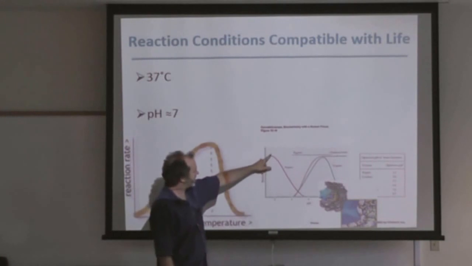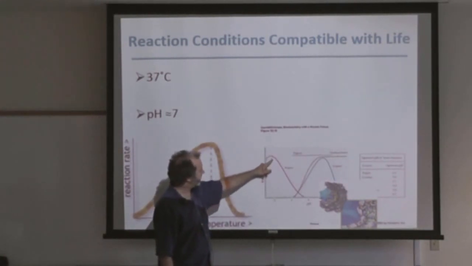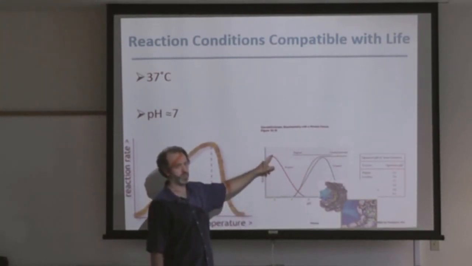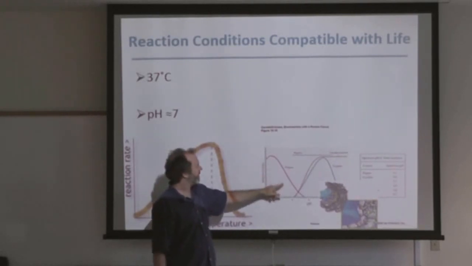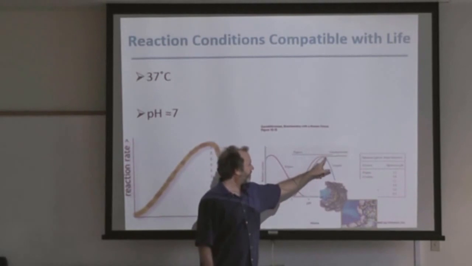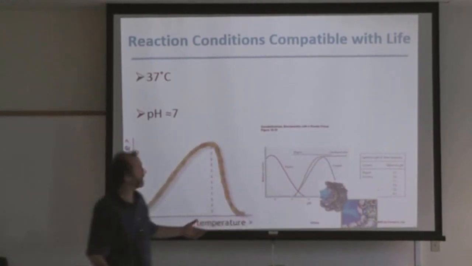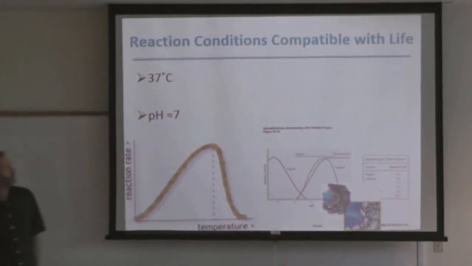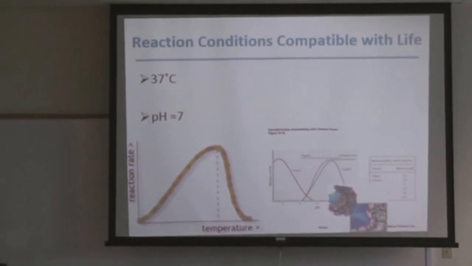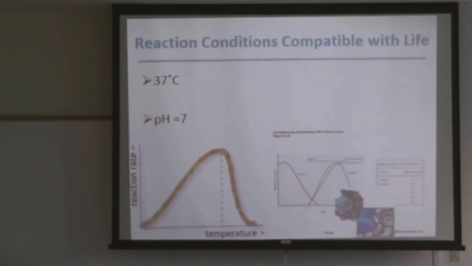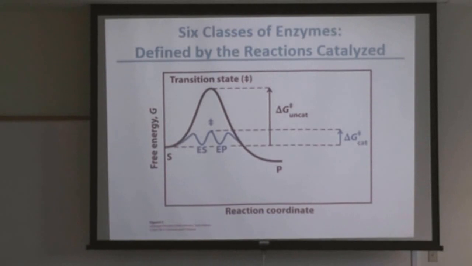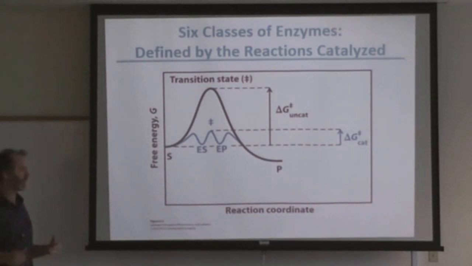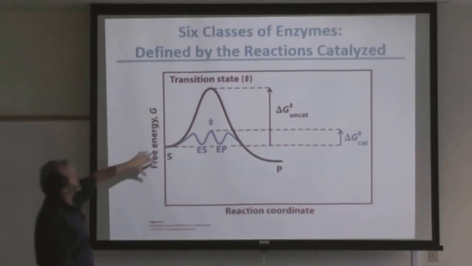For example, pepsin in this graph has its highest activity at about pH 1. Where do we find pepsin? In our stomach, right. And a lot of others have their highest activity around pH 7, which for the most part is compatible with life.